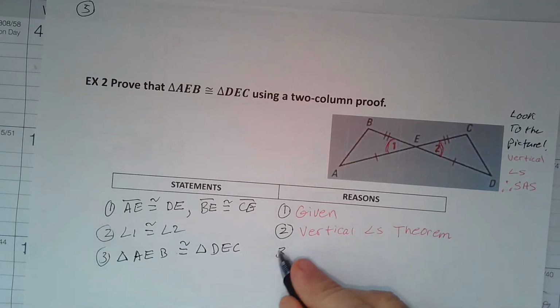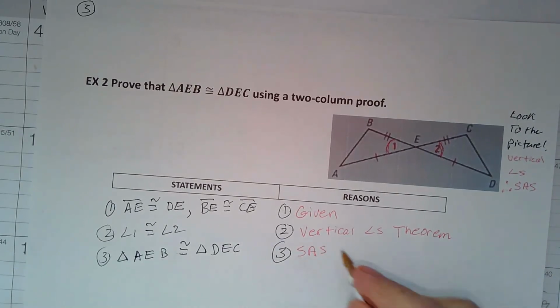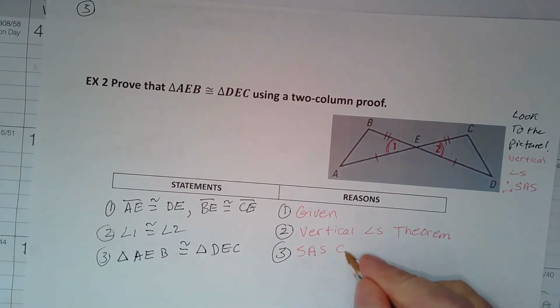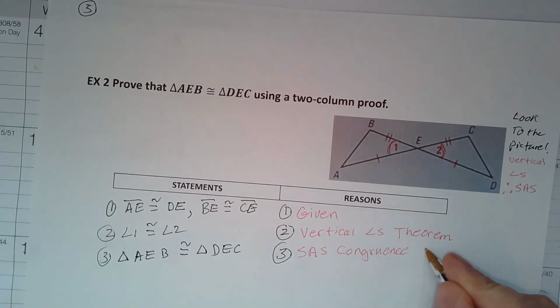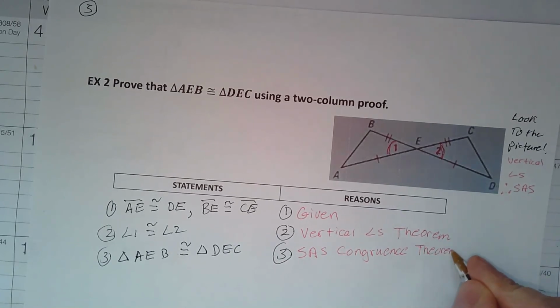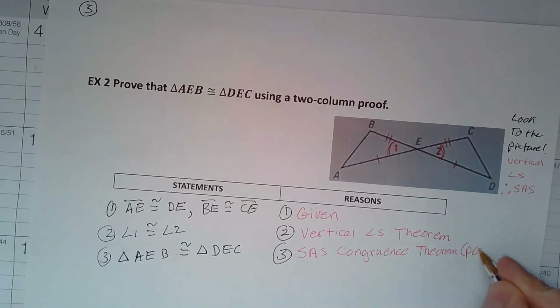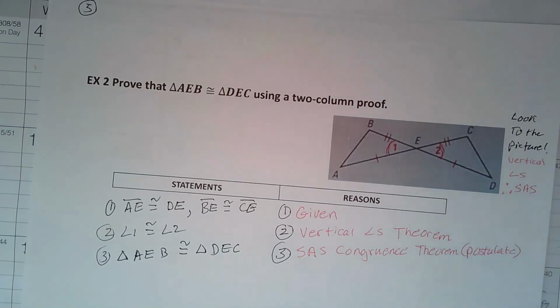And the reason, of course, is the side angle side congruence theorem, or postulate, either way you want to show it. And I'm just going to put parentheses postulate, because that's technically what it is.